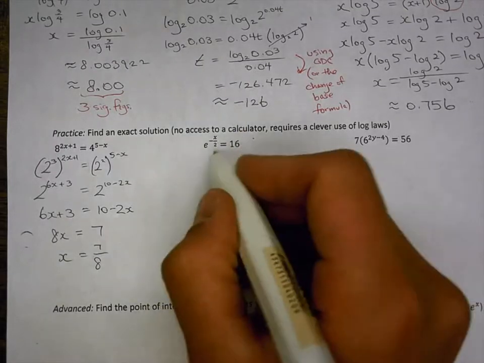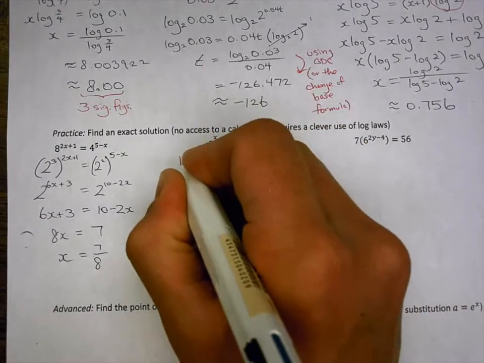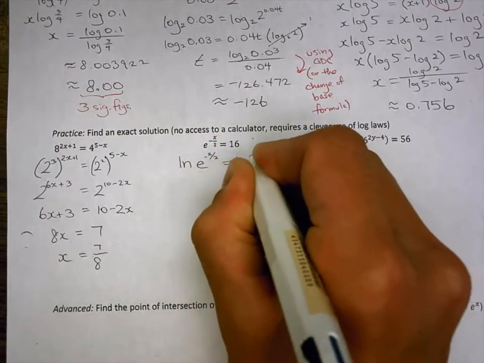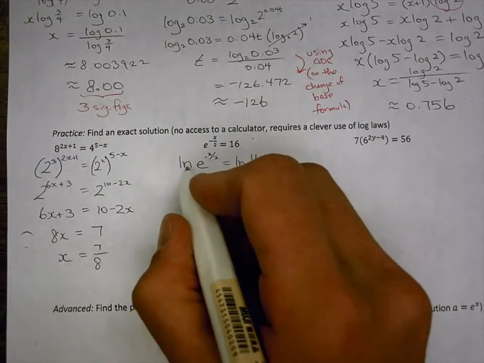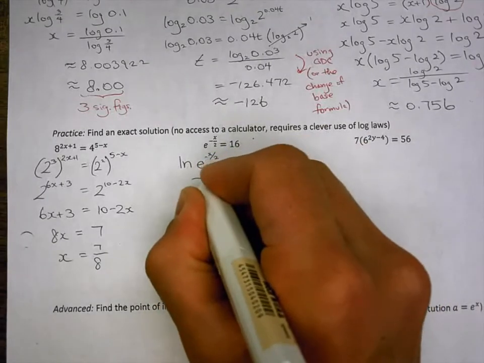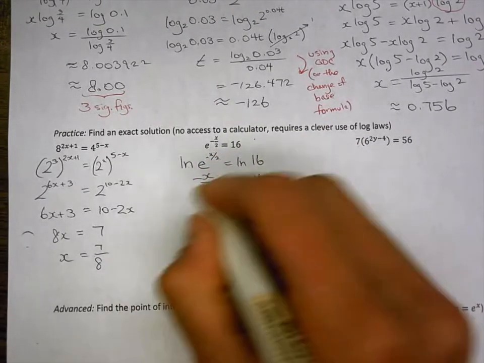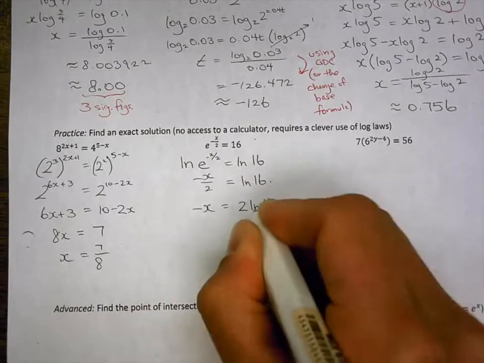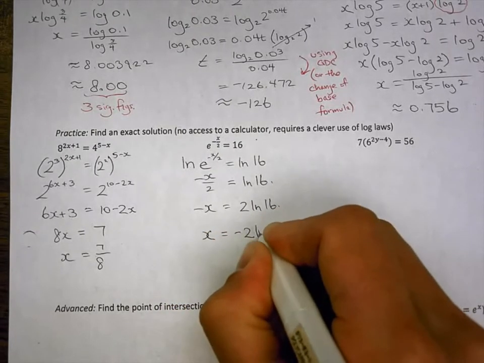Well, if I choose the base of e, then I can get rid of the e here. In other words, if I write ln e to the negative x over 2 equals ln 16, now the ln and the e undo each other. So I'm left with negative x over 2 is equal to ln 16. To get this by itself, I multiply both sides by 2, and then I multiply by negative 1, so I get x is equal to negative 2 ln 16.